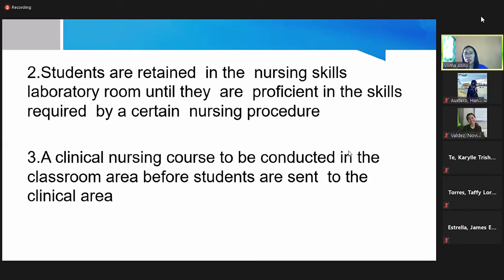So what we are doing is we review it in the classroom setting before the student is exposed to the area. Because it was a long time ago, the student has forgotten. That is why we have what we call the skills laboratory, conducted in the classroom prior to your duty. For special areas, as I have said, that would be 3 days.